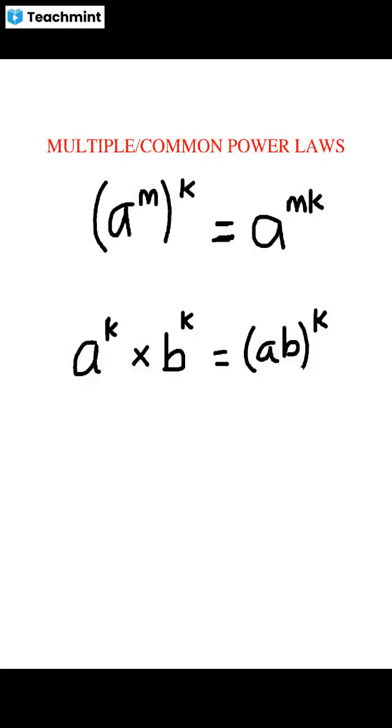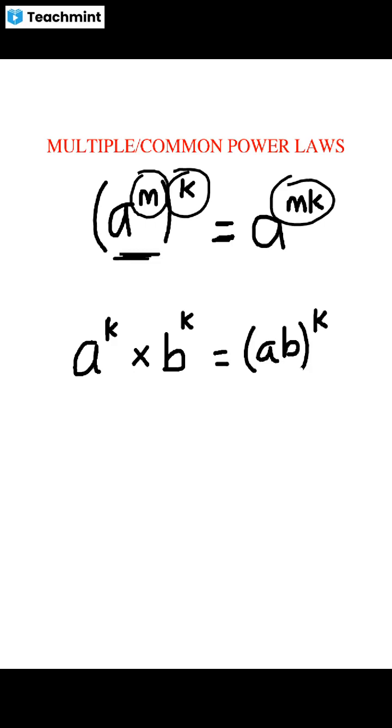Now, we also have another law that we call the multiple power law, and there's another one called common power. Very simple. If we have two powers on a single base, you can see this is the first power, this is the second power. If you have two powers on the same base, then they multiply. Even if we have more than 2, they multiply.